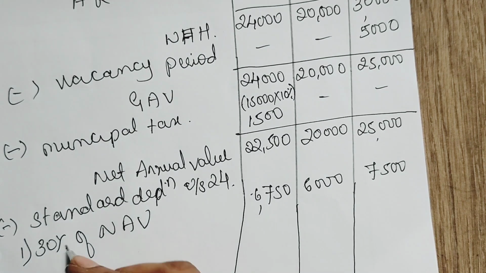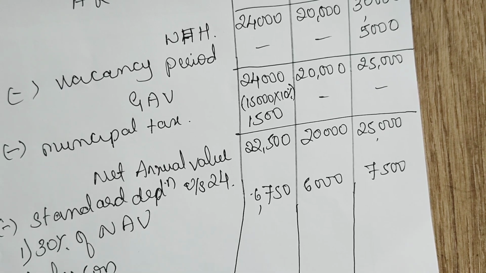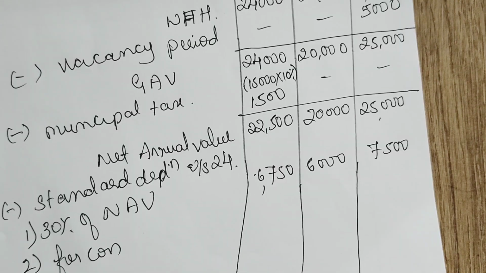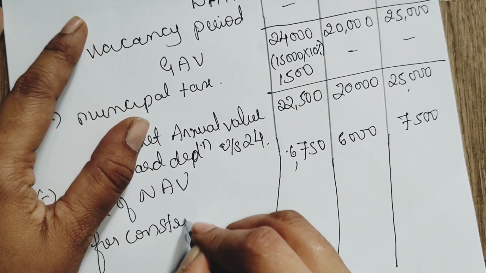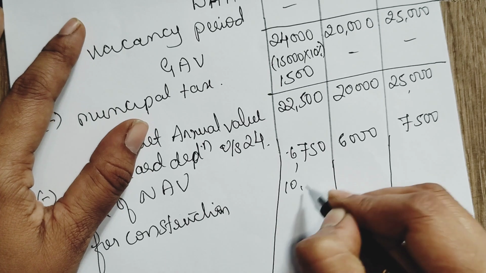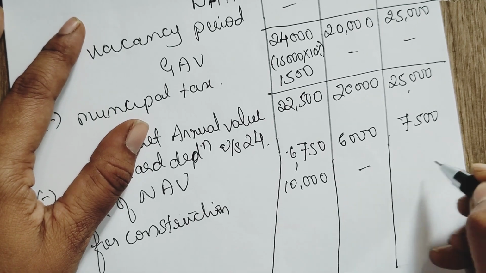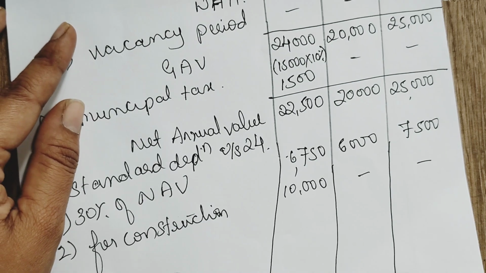Then interest we have for construction. It is 10,000. For daughter's marriage and all that we are not considering. Only for the repairs that we are considering.